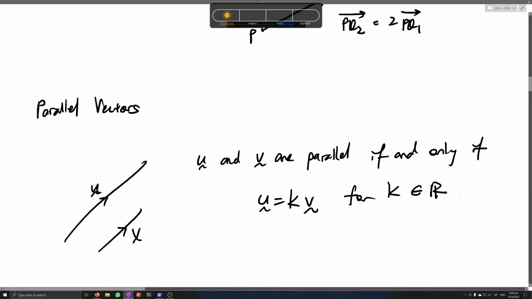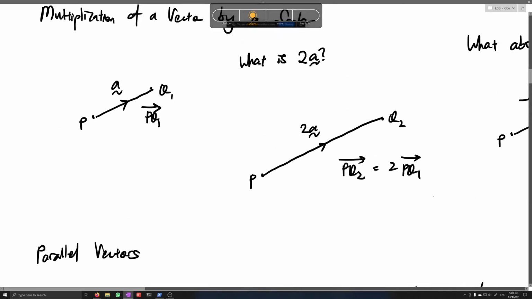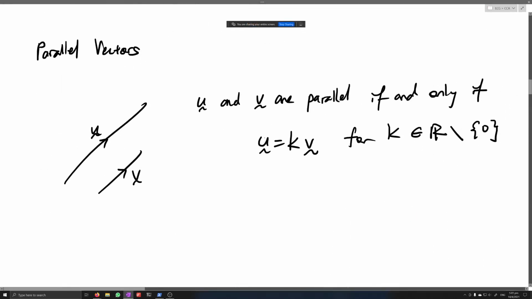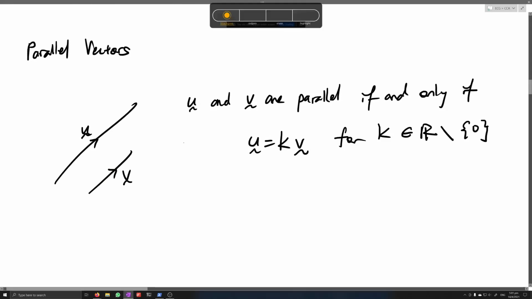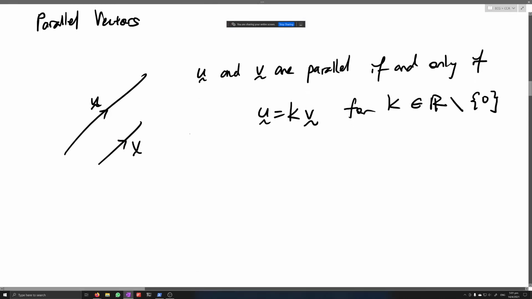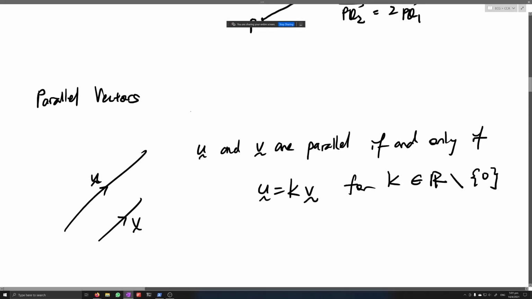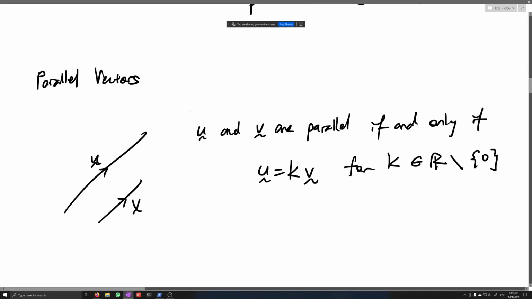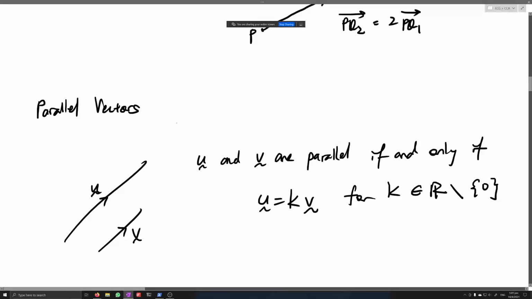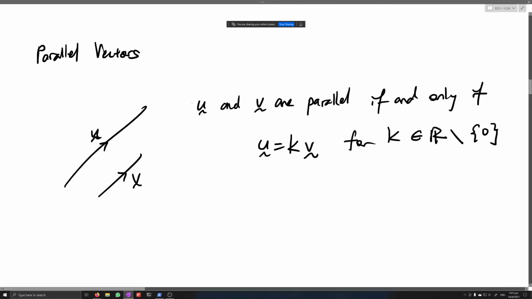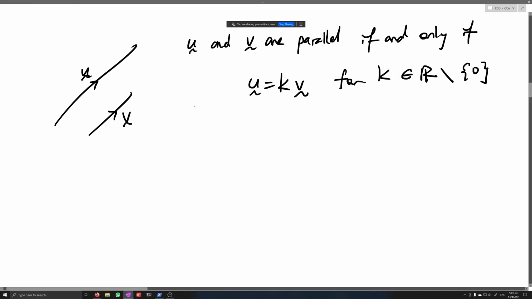Alternatively, we could write it like this: exclude 0. Using the same logic, it means that u is essentially a scaling of v along its same axis, so there are parallel vectors, and this may come in useful later when he teaches linear classifiers.